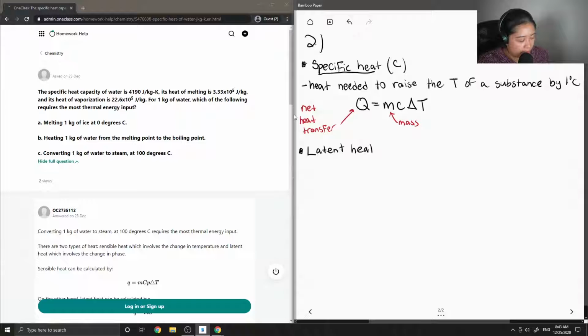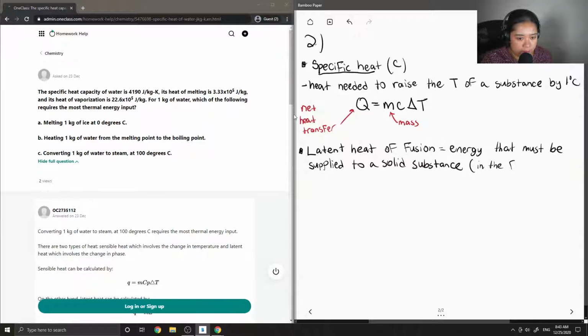So there's also the latent heat of fusion. So this is energy that must be supplied to a solid substance in the form of heat to convert it to a liquid at its melting point.